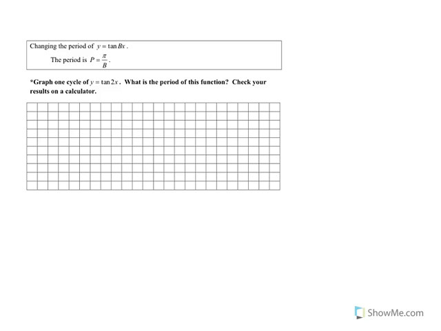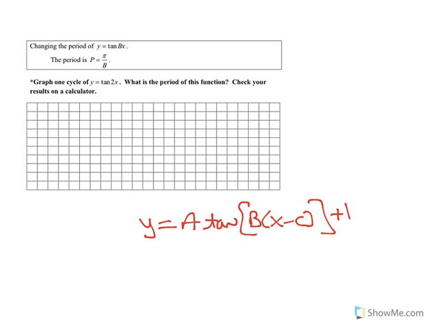So the general form, just like sine, cosine, secant, and cosecant, general form for a tangent function, y equals a tangent of b times x minus c, plus d. And these values are going to have the same effect. This is going to change how fast it grows.